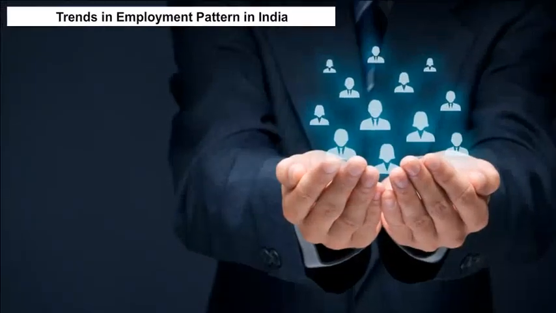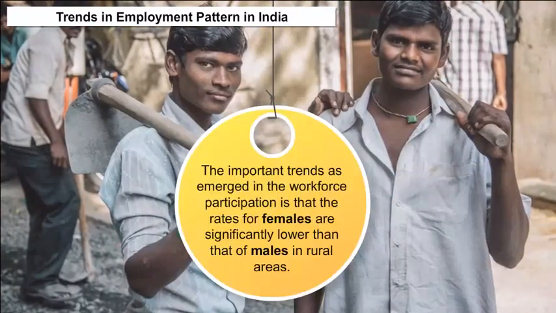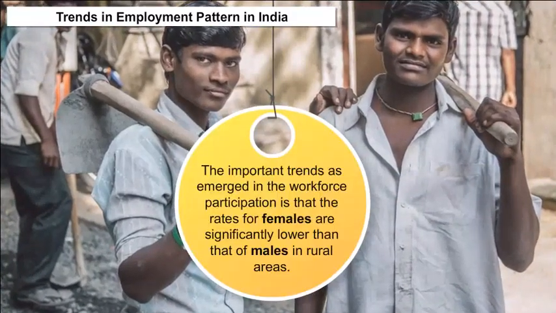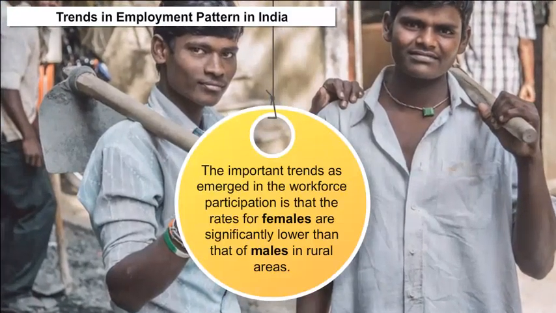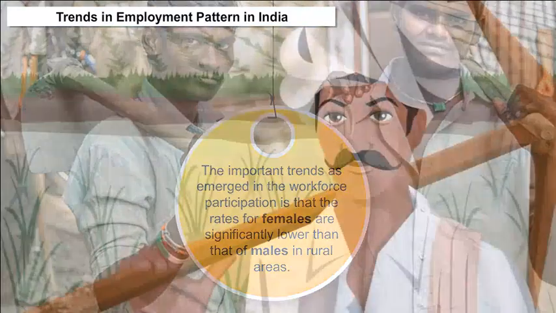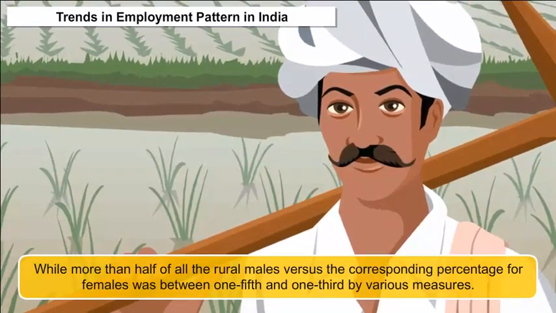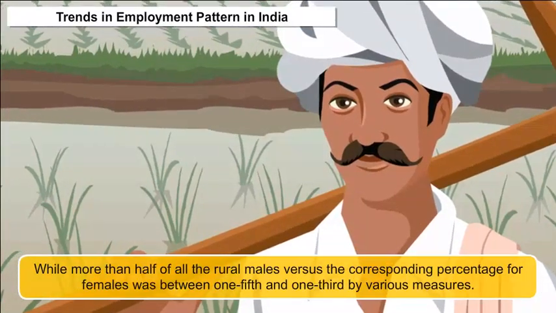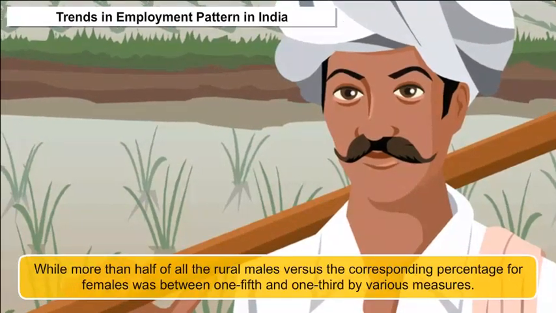Trends in employment pattern in India. The important trend that has emerged in workforce participation is that the rates for females are significantly lower than that of males in rural areas, while more than half of all the rural males participate, versus the corresponding percentage for females, which was between 1/5 and 1/3 by various measures.